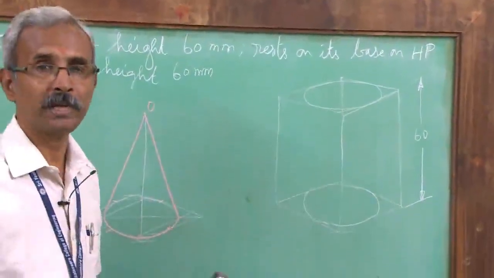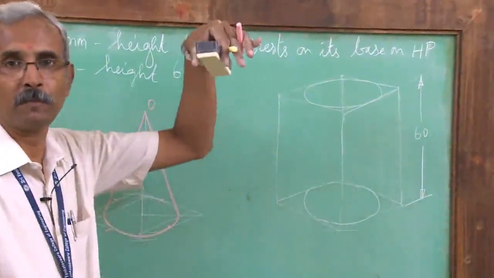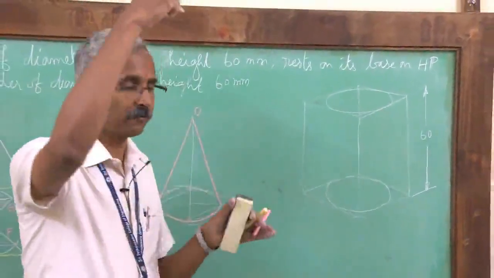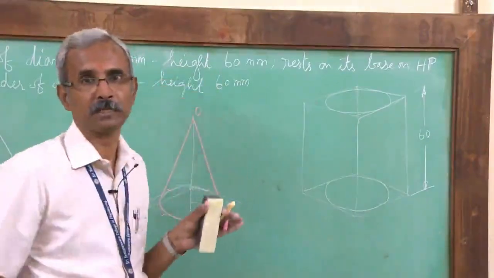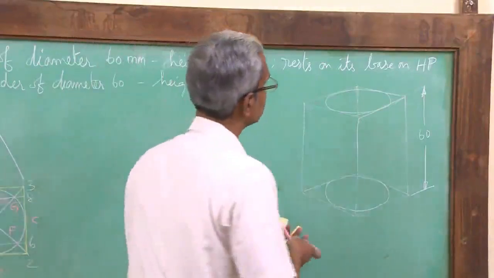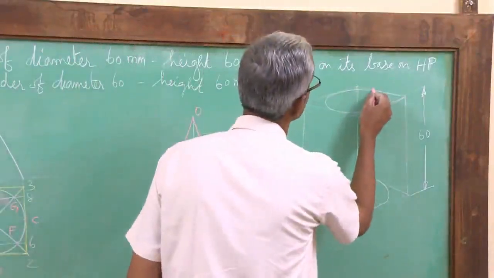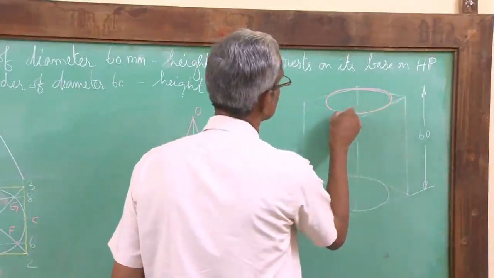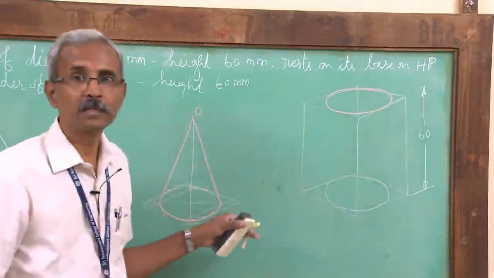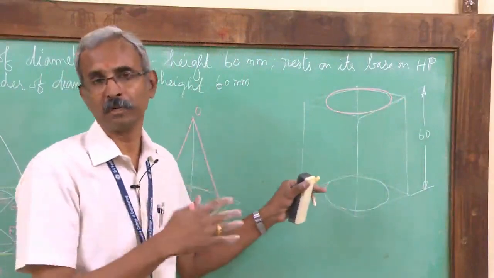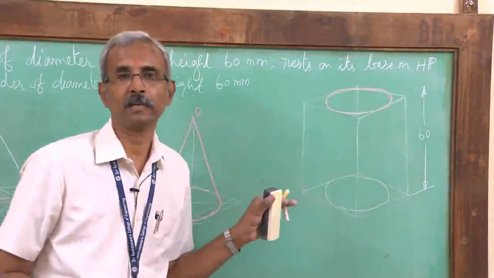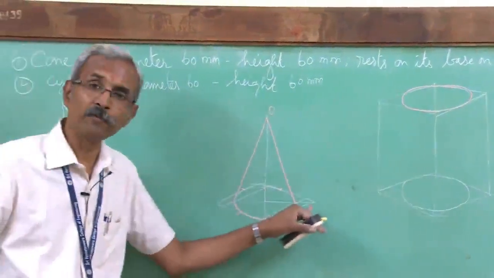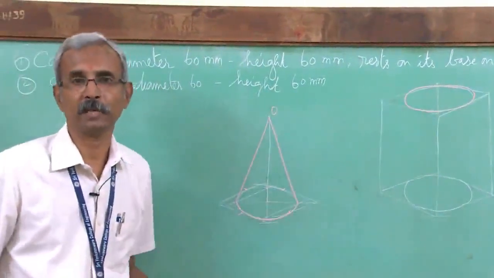So now I have drawn two ellipses, one representing the base, the other one the top circle. Of course, when I see from the top, the top circle will be fully seen, so I will darken that. Whereas the bottom circle will not be fully visible when you see it at an angle. Just like in case of a cone where only half of the thing was visible, here also it will be the same.